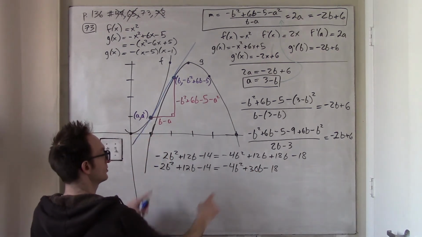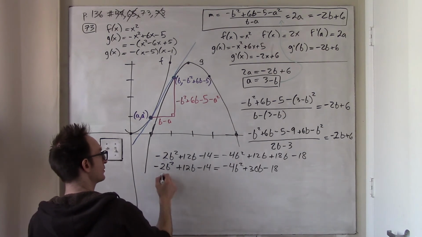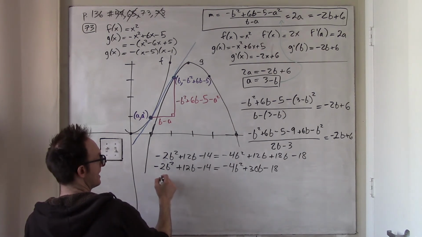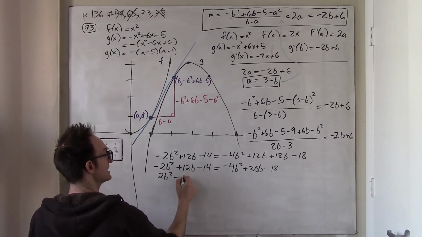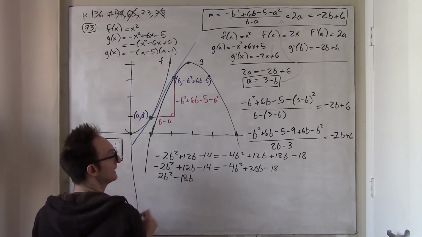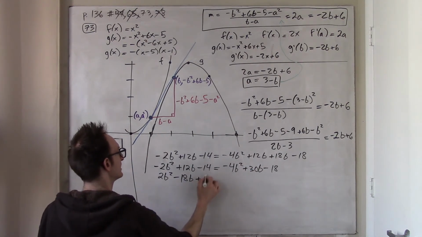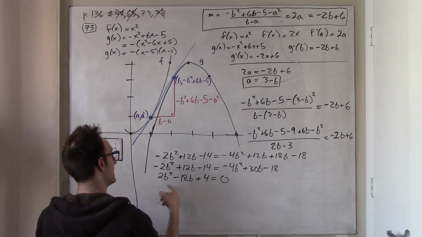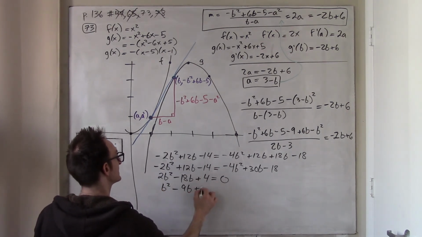I can divide by 2, but maybe first I'll just get going here. Adding this over here gives me 2b squared and then minus 18b, and adding 18 gives me plus 4. Man, I hope this is right. So dividing by 2, b squared minus 9b plus 2.